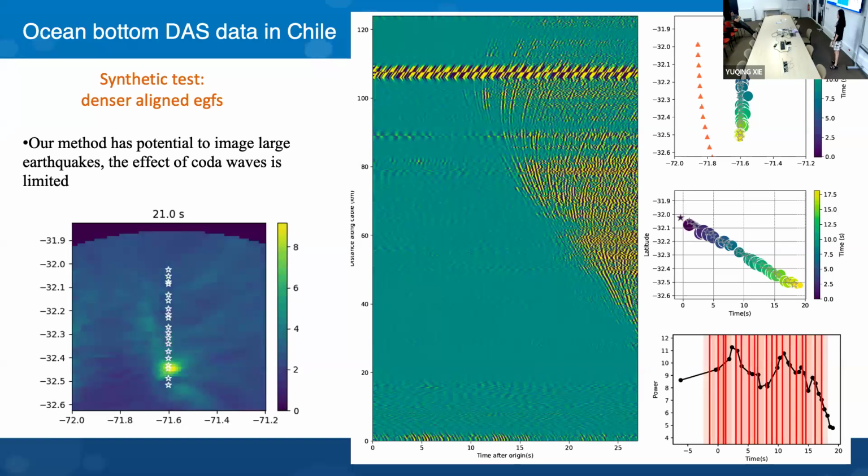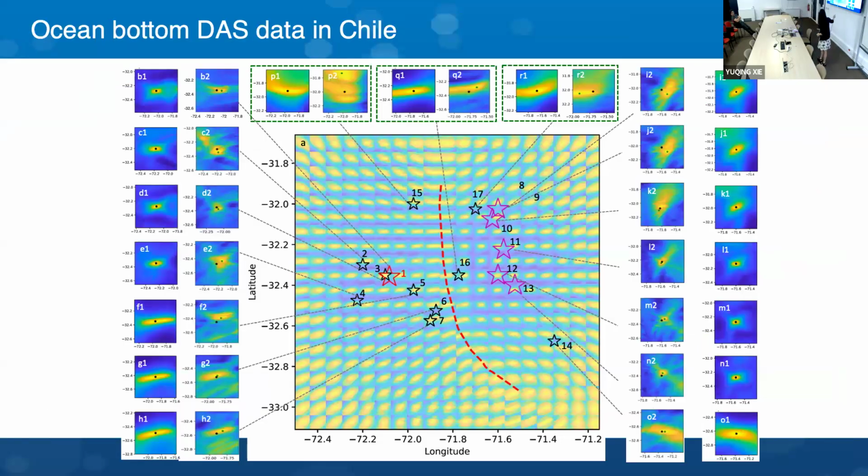But this result is based on a perfect calibration of velocity. You can see that the arrivals of each sub-event are very smooth. That's because we align the empirical Green's function for each event. In the real case, the alignment cannot be done individually for each subsource because they are mixed with coda waves. We can only predict the travel time error and remove it, or we can apply some inversion or calibration empirically. So that's the next step.